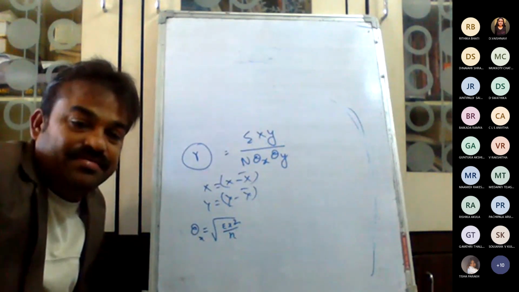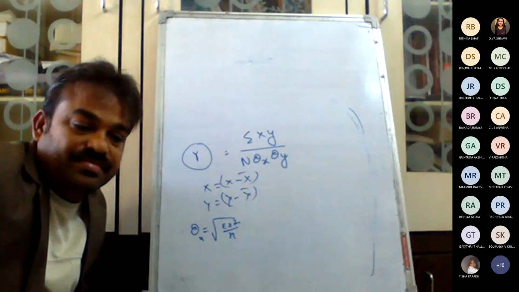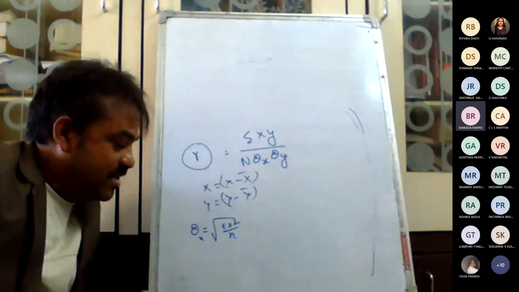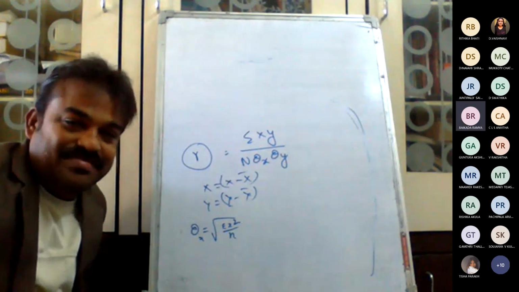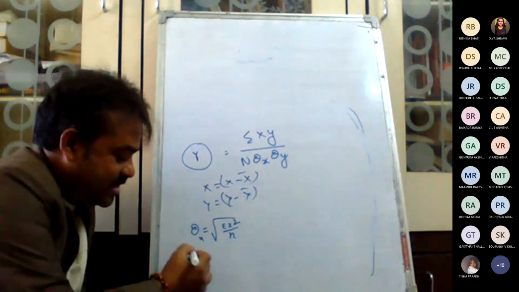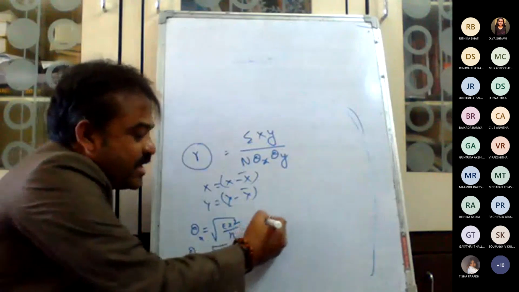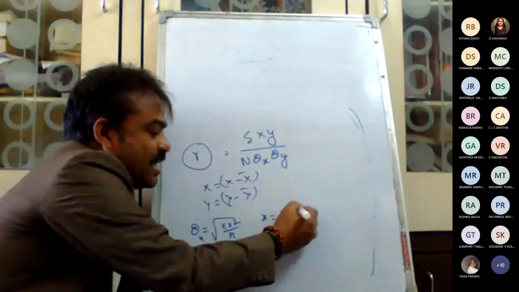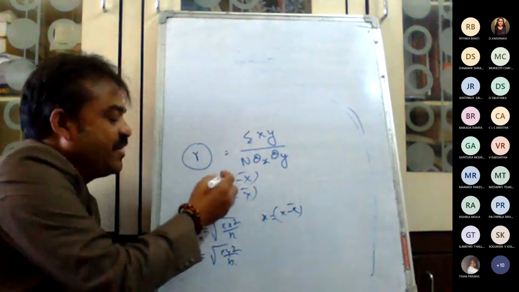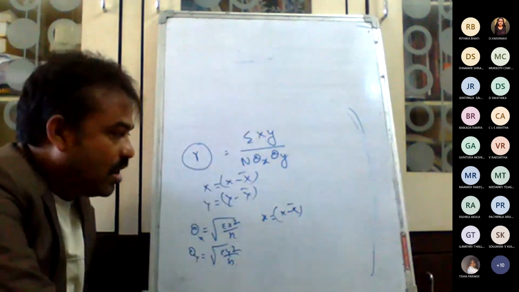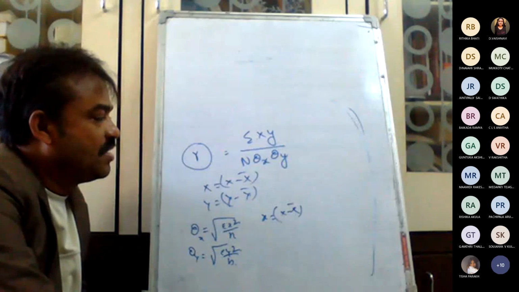Ramya, is it wrong or correct? It's correct, sir. Standard deviation of y is equal to root of sigma y square divided by n. This is one formula.